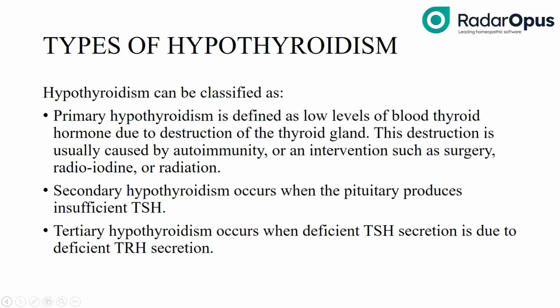It generates a negative feedback on the pituitary gland, and then the pituitary gland increases the thyroid stimulating hormone secretion, which leads to a high amount of TSH in the blood. That is why you get high TSH levels due to hypothyroidism in the blood tests.